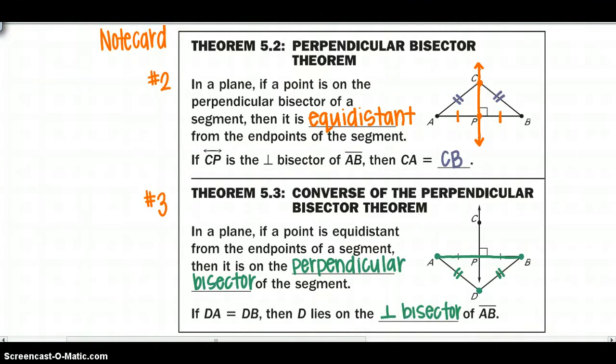Notice that CP doesn't go completely through point D, but using this information, I know that it continues down straight through, so point D is actually on the perpendicular bisector.